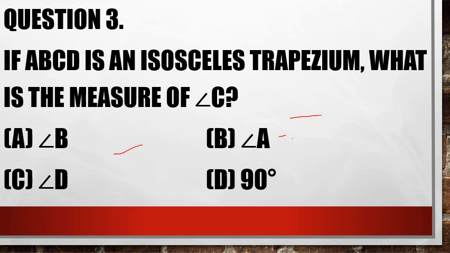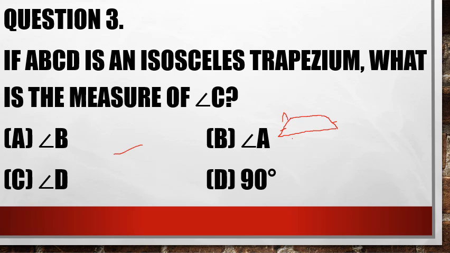We know the definition of an isosceles trapezium: a trapezium which has two non-parallel sides of equal length. These two sides are non-parallel, and it is an isosceles trapezium. So these two sides are of equal length.